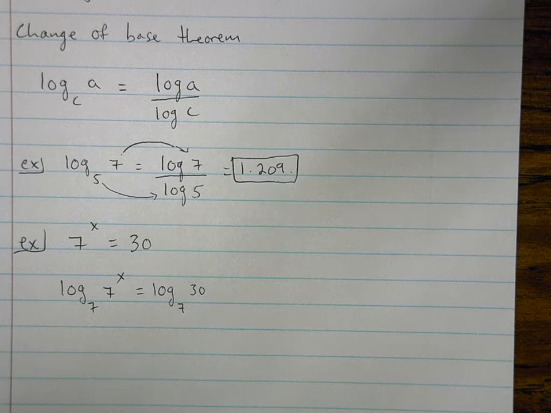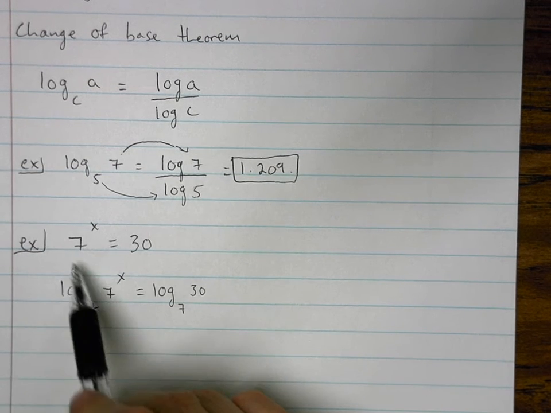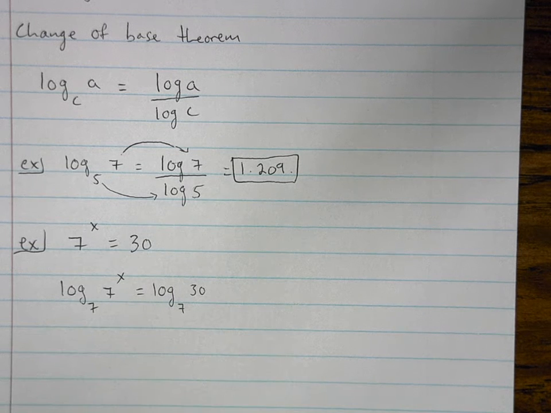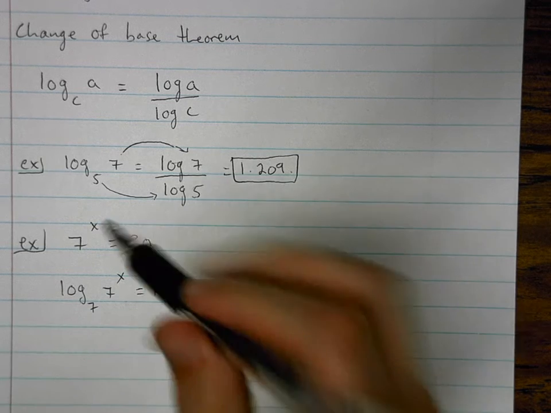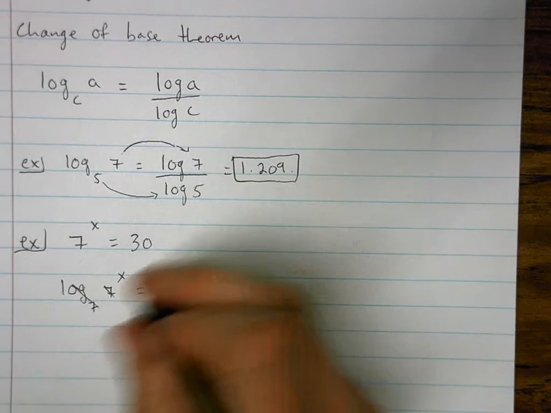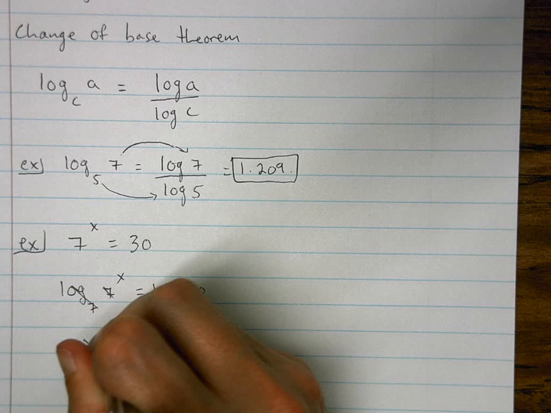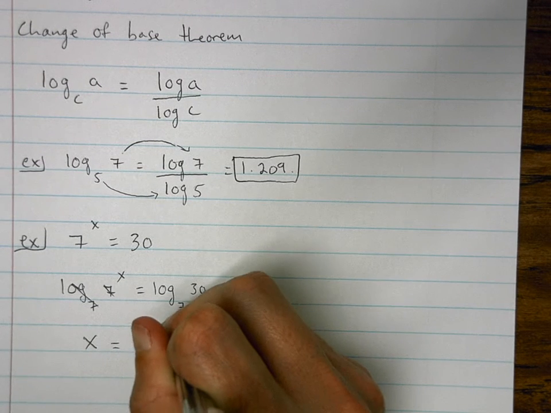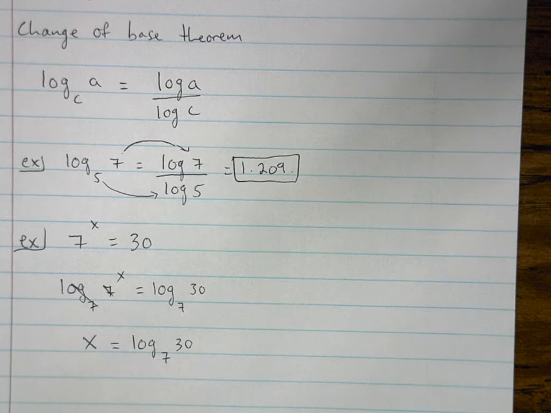I'm doing logs of both sides, and I'm picking base 7 so I can cancel the 7 and get the x out of the exponent. So the log and the base will cancel, and I get x is equal to log base 7 of 30.